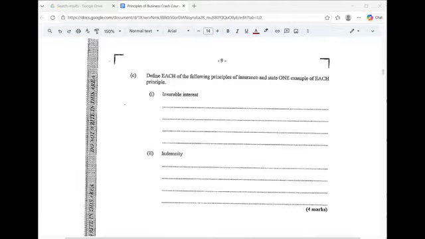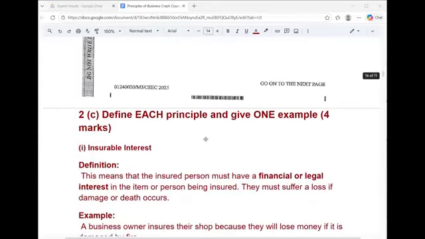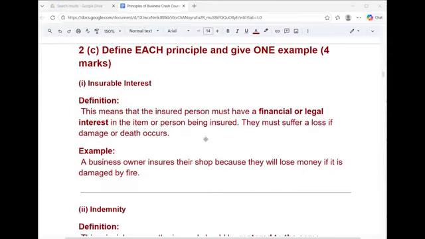In the meanwhile, Part C: define each of the following principles of insurance and state one example of each principle. So the principles are insurable interest and indemnity. Here we go. So insurable interest. This means that the insured person must have a financial or legal interest in the item or person being insured.